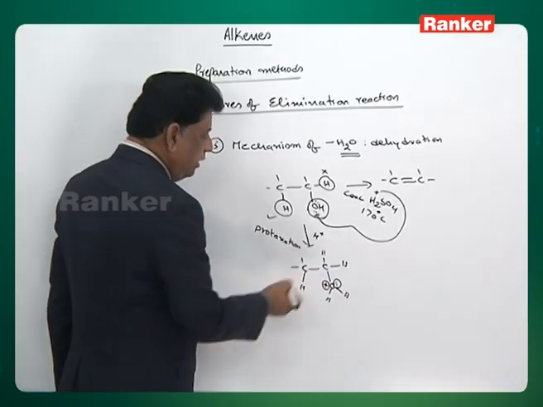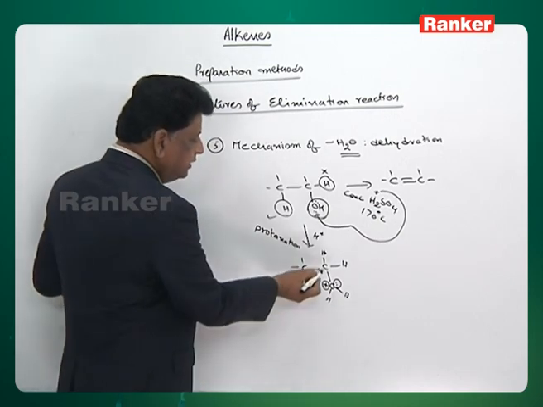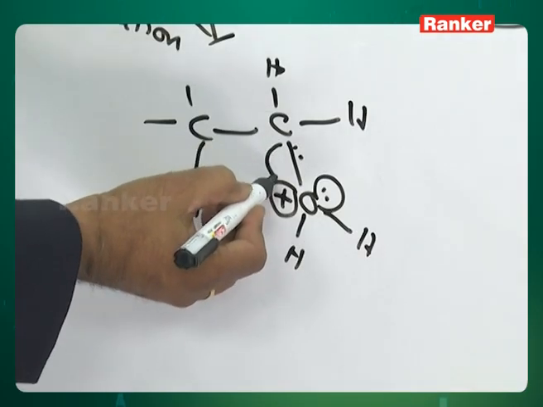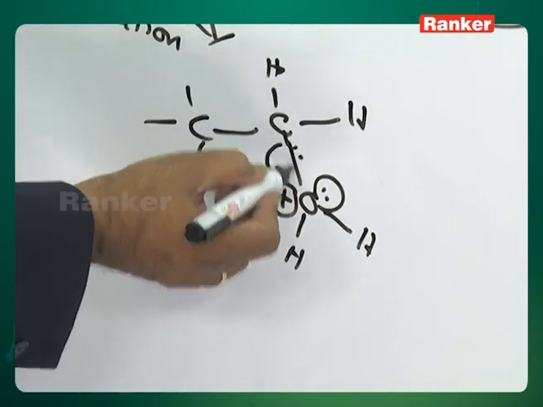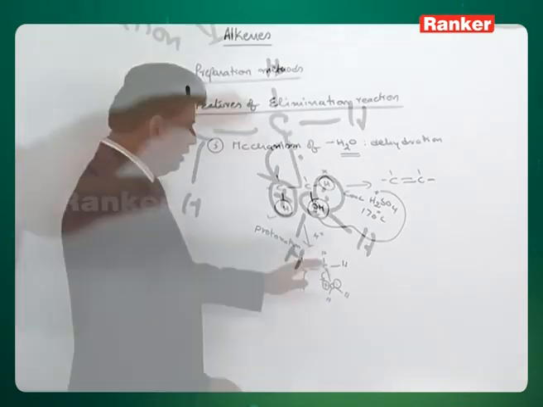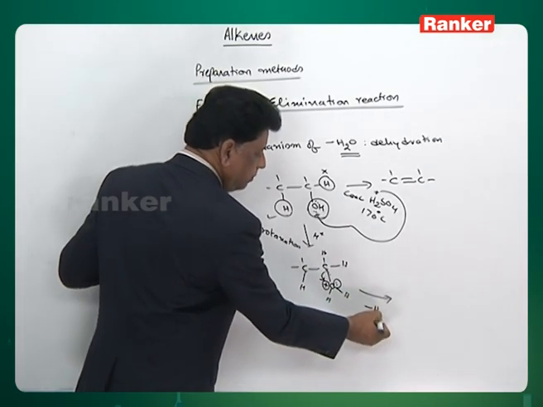Then consequently, what happens: the oxygen with plus is called an oxonium ion. So, this oxygen will take the pair of electrons and withdraw as an H2O molecule. From the bond, the electrons are withdrawn and the H2O molecule will be removed, minus H2O.